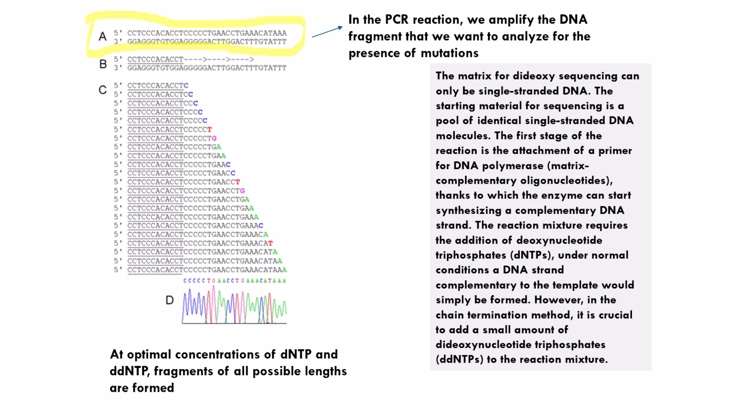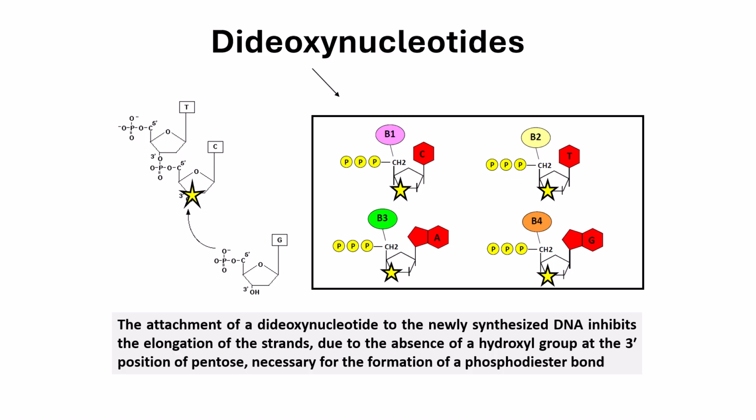So after this reaction, statistically, we have all possible fragments with all possible lengths terminated by a colorful nucleotide. On the slide, you see one more time why after attachment of the colorful modified nucleotide we cannot add the next one, because the lack of the OH group at the 3' end prevents adding the subsequent nucleotide.